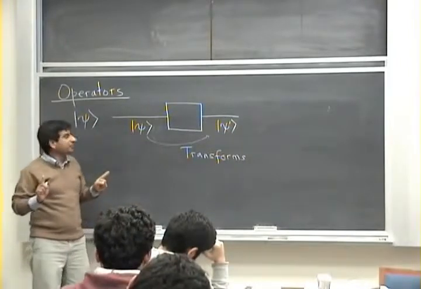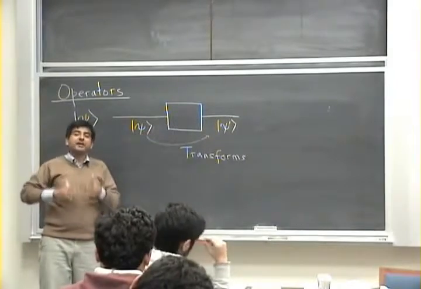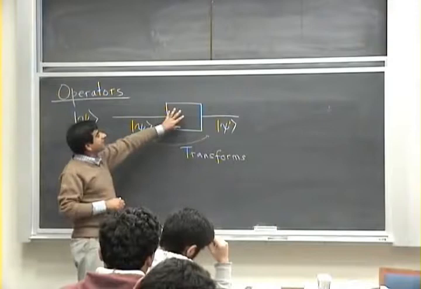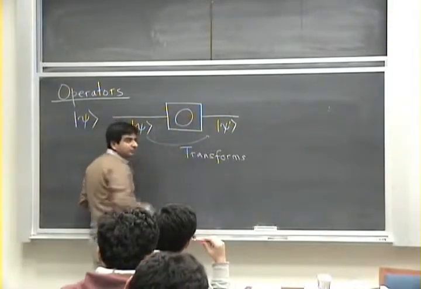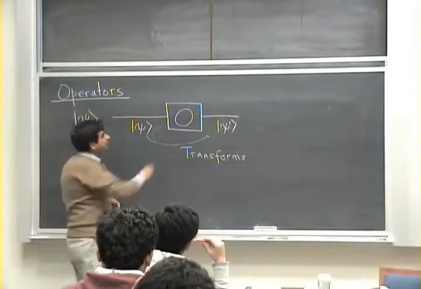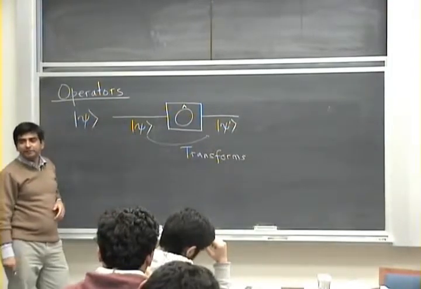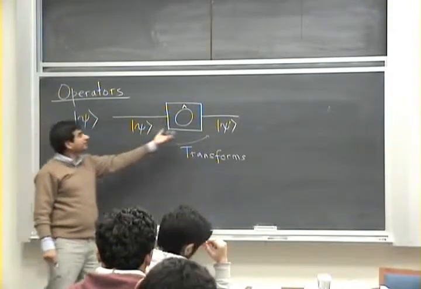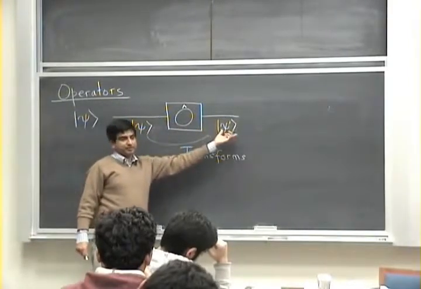From our discussion of polarization, we've noticed that this optical element is represented by a matrix. So the general name for such a matrix is an operator, and it's generally denoted by some letter, like O, and you put a hat on top of it. So it's O hat. It represents an operator. This operator acts on this quantum state to give you a new quantum state.